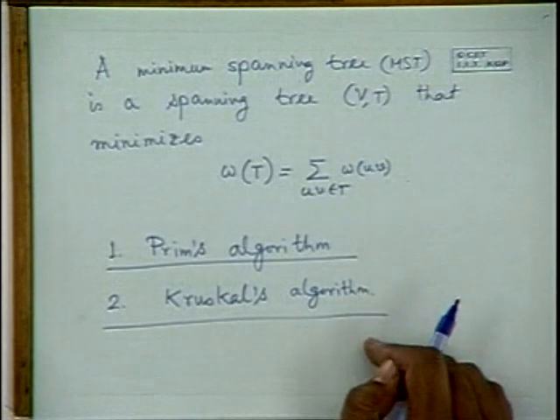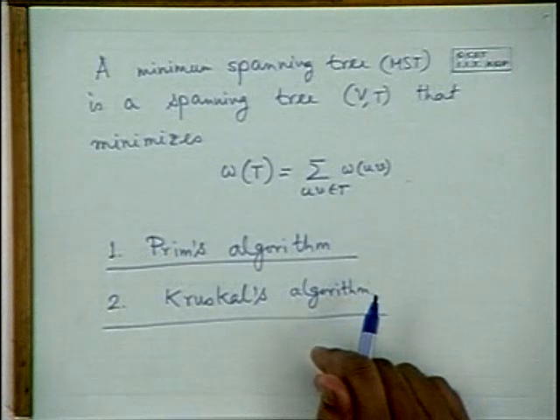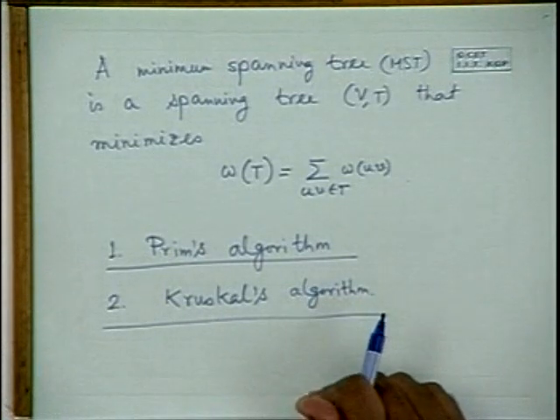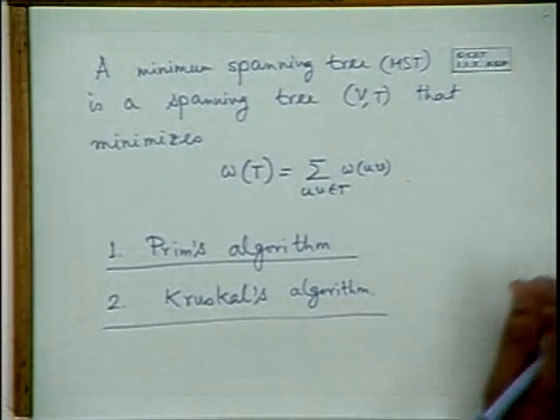But before we study both of these algorithms, we will study this construction in a very abstract sense. We will study a very general framework of constructing a minimum spanning tree. Then we will see how these two different algorithms follow from this general framework.